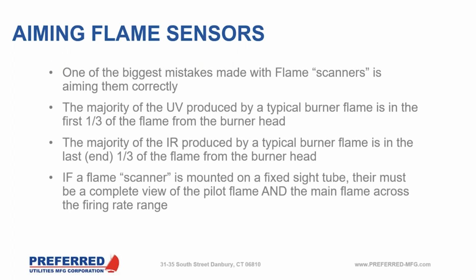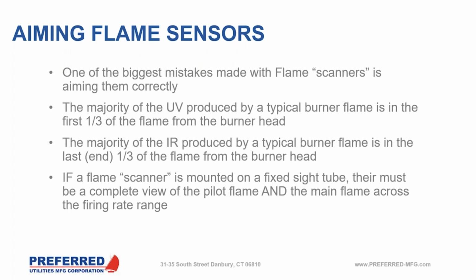Well, the flame safeguard manufacturers and designers decided that we need to look at the actual flicker of that flame, because every combustion process has a modulation, or a flicker frequency.